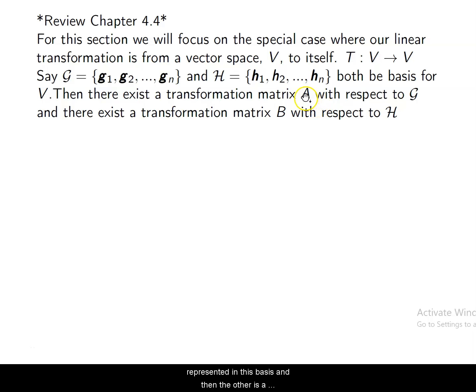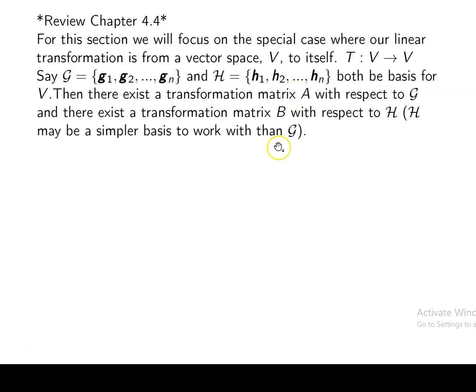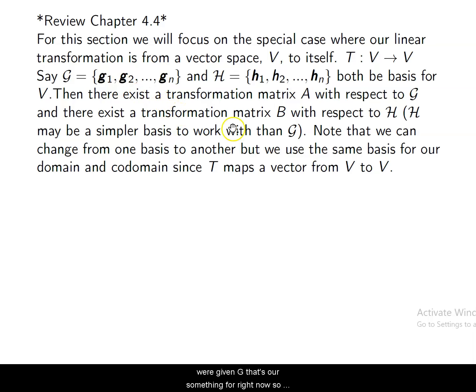It's just that one is represented in this basis, and the other is a representation under this basis. H in this case might be simpler to work with than the basis G that we're given. Okay, that's our assumption for right now.